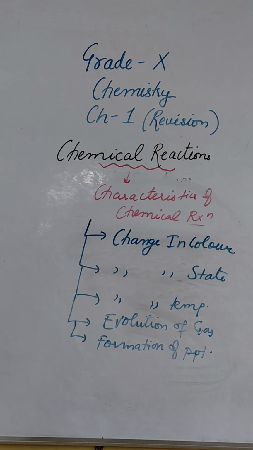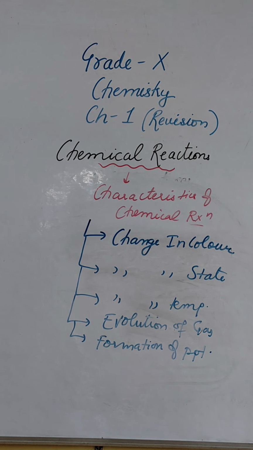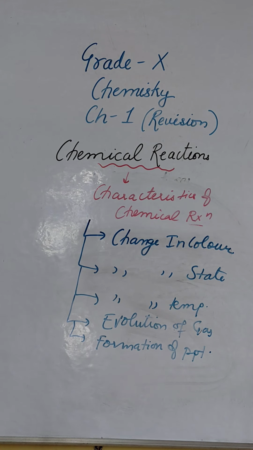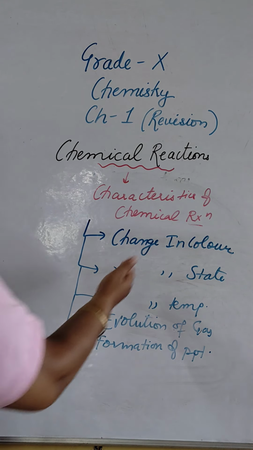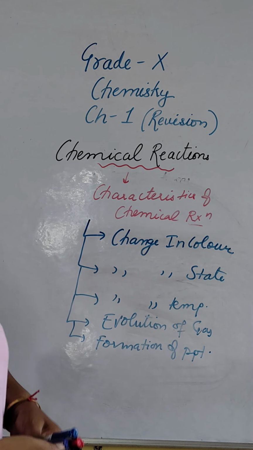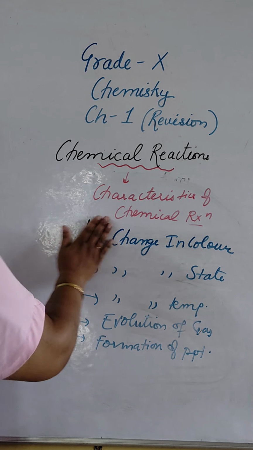Some are accompanied by change in temperature, either an increase or decrease. Some are accompanied by evolution of gas, like we have seen in the pop sound activity in which hydrogen gas is released. Some are accompanied by formation of precipitates. And some chemical reactions include more than one type of change.